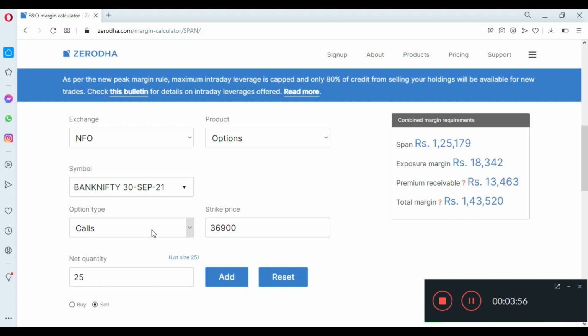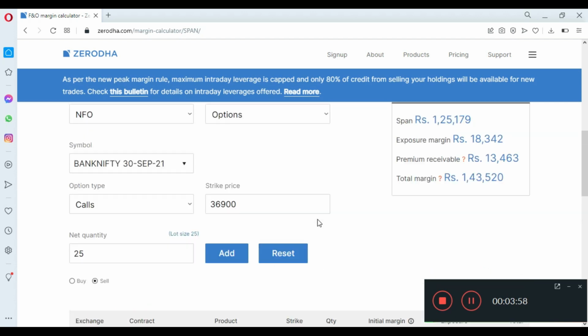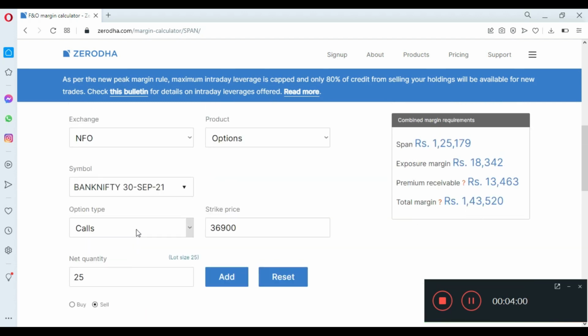Now if I add the put option, how much margin reduction do we get? It comes out to be 1,66,000, out of which you receive 30,000 as a premium amount. So it comes out to be around 1,36,000. That's the margin you are getting.